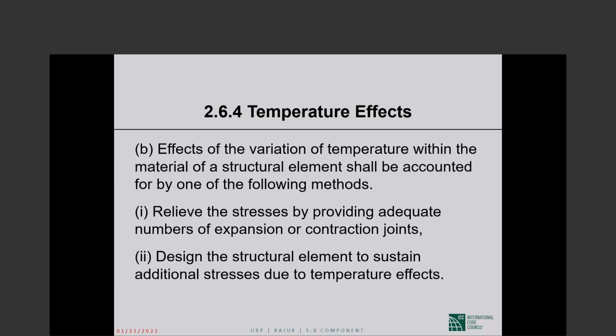The second is design the structural element to sustain additional stresses due to temperature effects. So with the temperature effect, the structural member wants to shorten or lengthen or both, wants to go up and down.